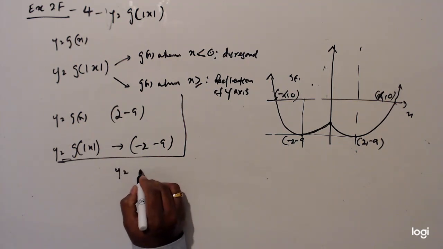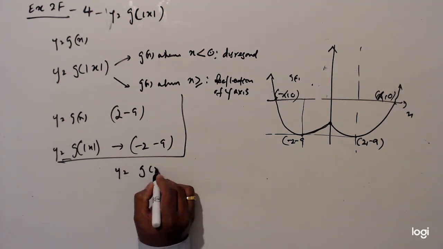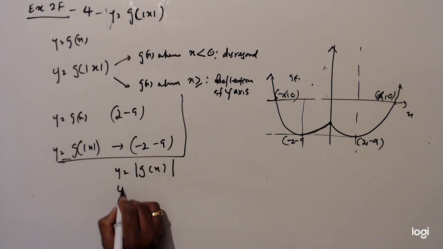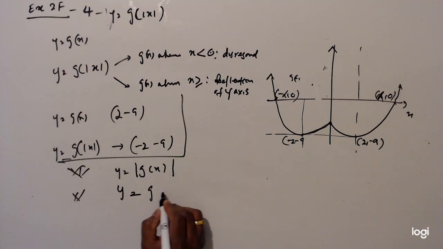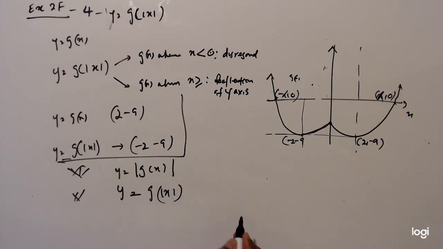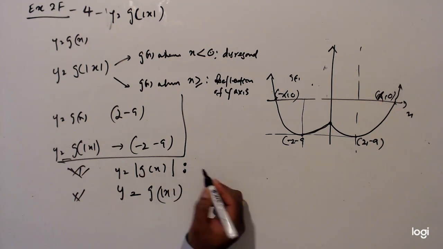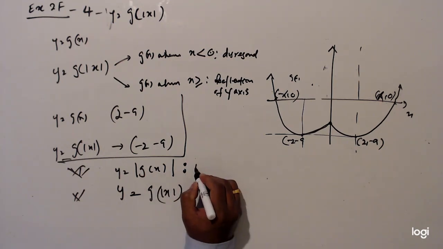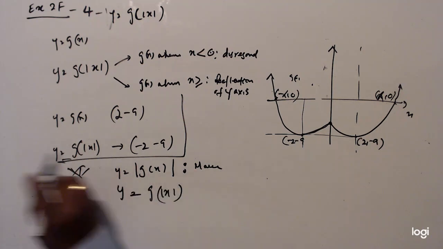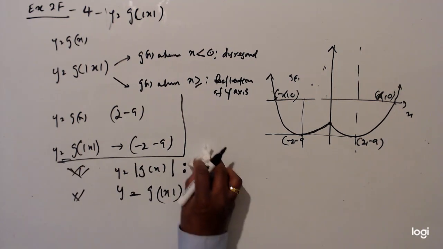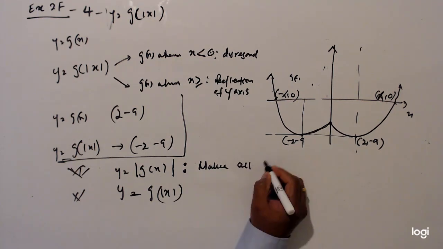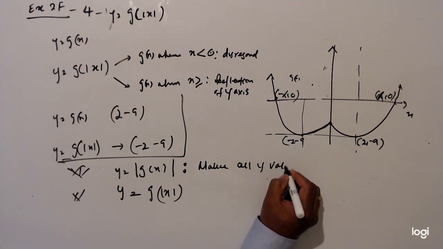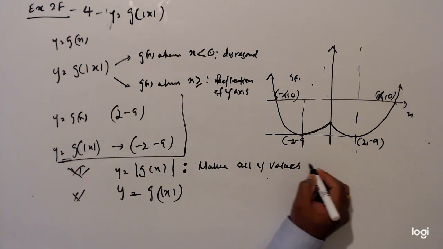We need to identify carefully the message given in these two: y = |g(x)| and y = g(|x|). In here the message is make all y values positive.